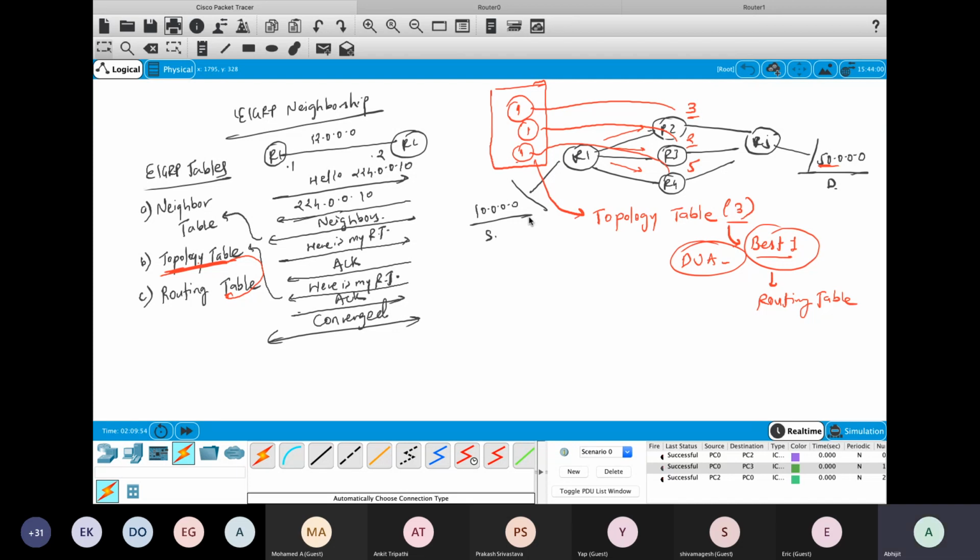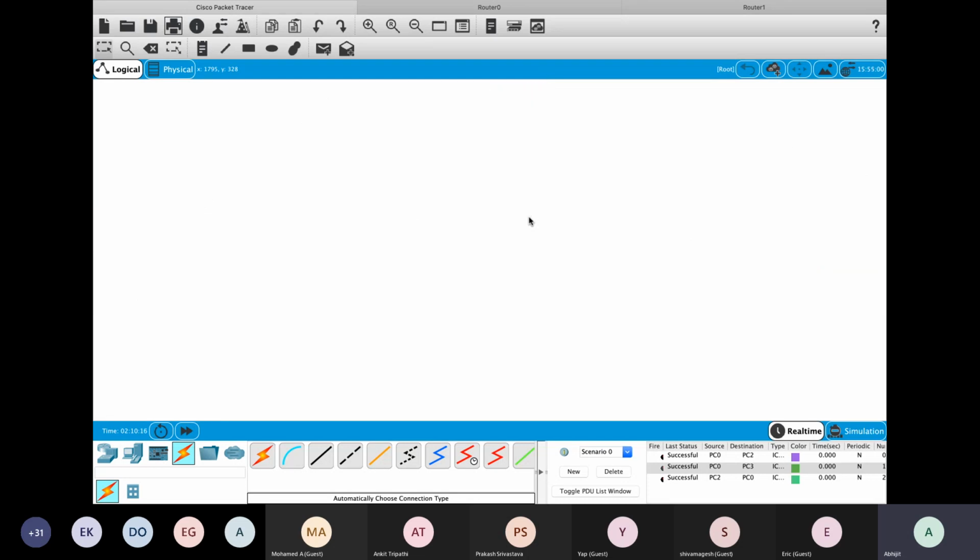Perfect. Now we're going to see in a topological manner how you can create EIGRP neighborship between routers. I'm going to create a simple topology and show you how you can create EIGRP topology by configuring the network with the necessary configuration. So I'm going to erase the stuff from my screen. There you go.